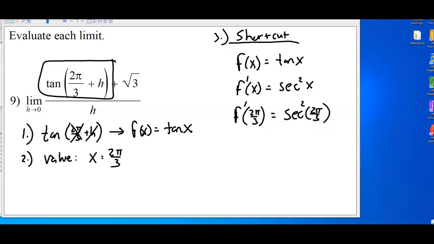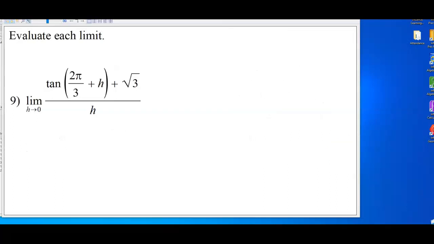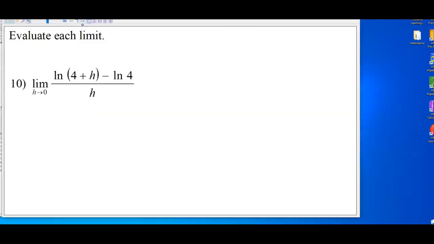Secant of 2 pi over 3 is 2. And it's being squared, so my final answer will be 4. All right. Here's number 10. Let's do another one.